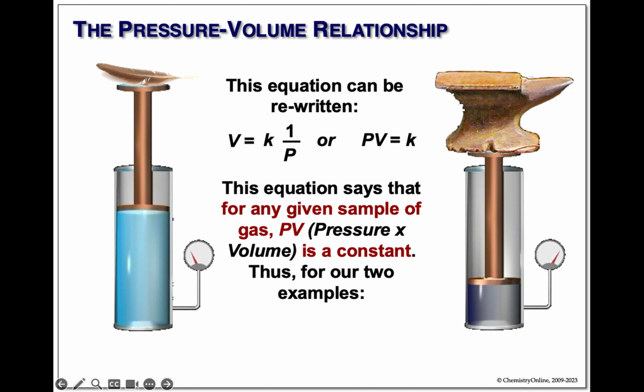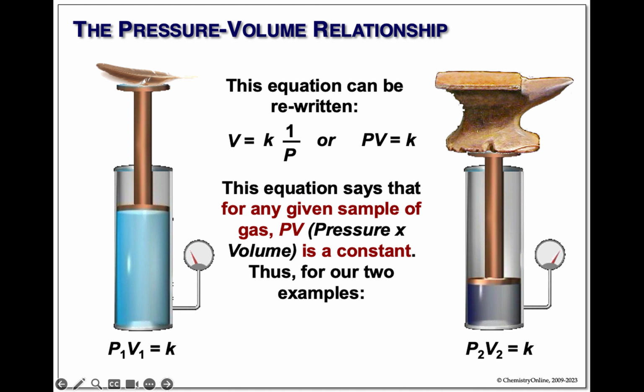If this is our initial state, PV is going to be equal to K. Our equation says so. So let's write that down. And because we're calling it initial, we'll do P1, V1. Over here, PV is still going to be equal to a constant. We'll call this our final state, P2, V2. Now, this is exactly the same piston.